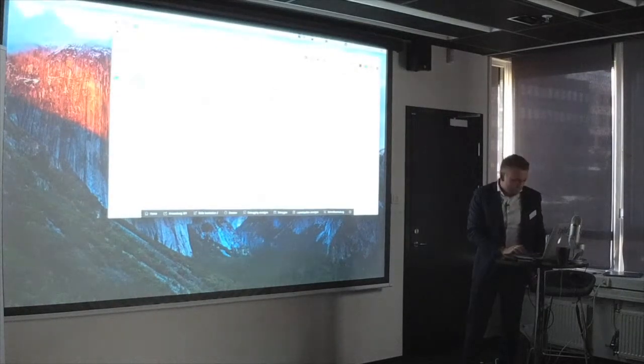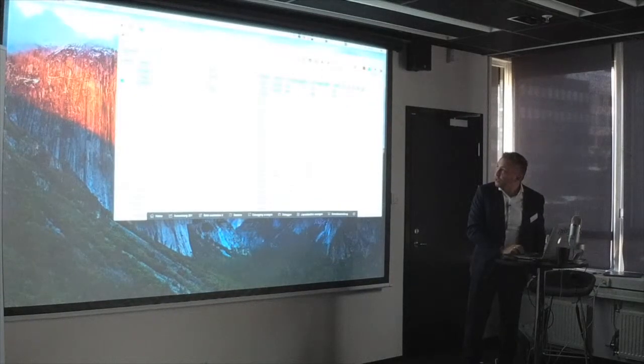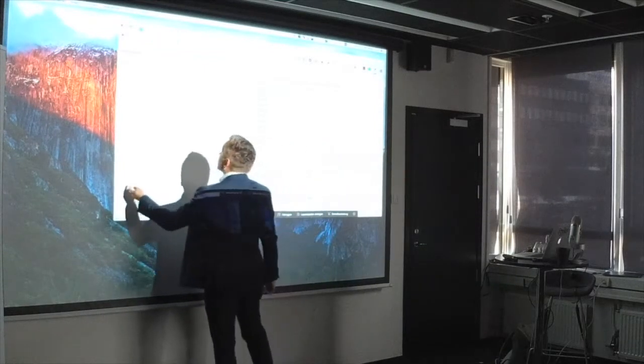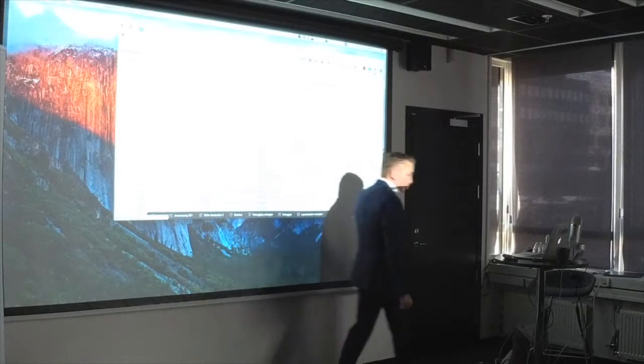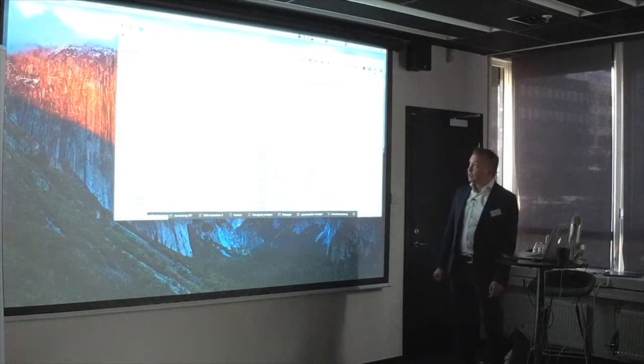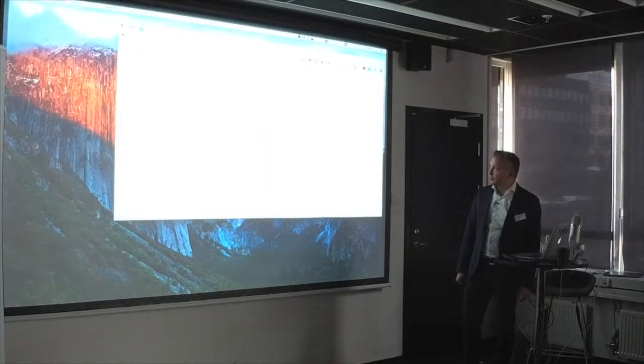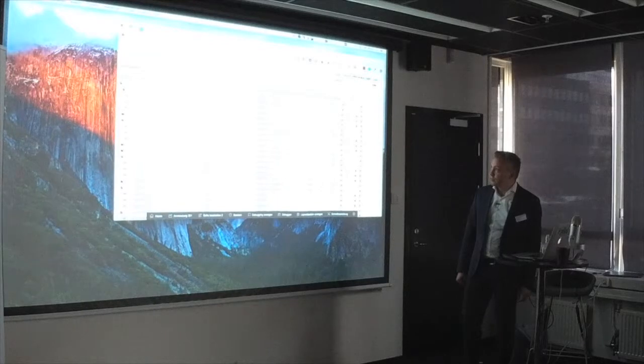Then we should have, I have to reload it, a tree menu on this side. I don't know where it is. Just disappeared. There it is.